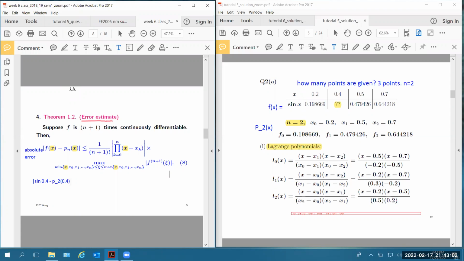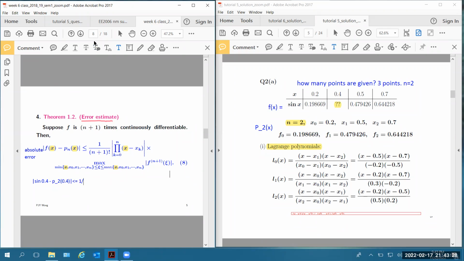So this is actually the approximate value, isn't it? Your f(x) is the exact value, and your P2(0.4) is the approximate value. So this is our absolute error, less than or equal to 1 over n plus 1 factorial. Can you tell me what is n plus 1 factorial here, class? What is our n here?